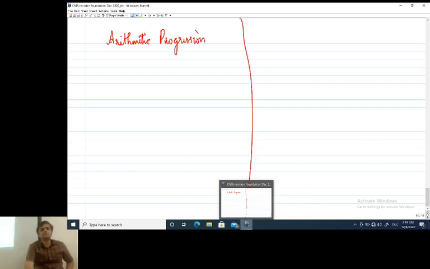Arithmetic progression is one where subsequent terms have a common difference when compared to the previous term.